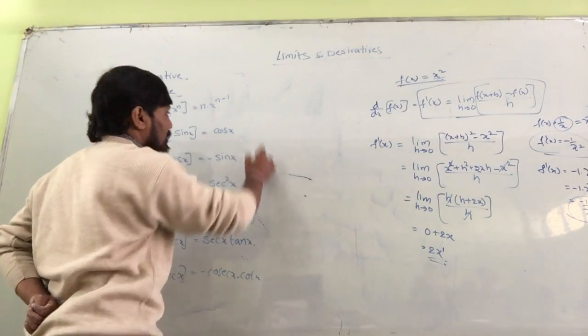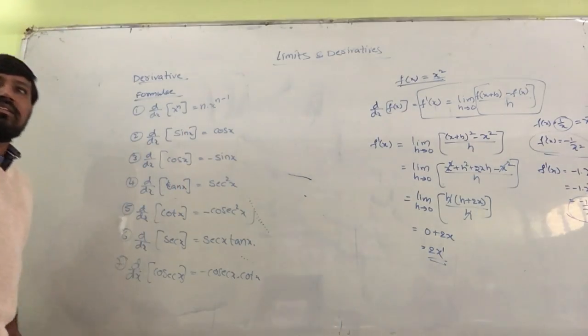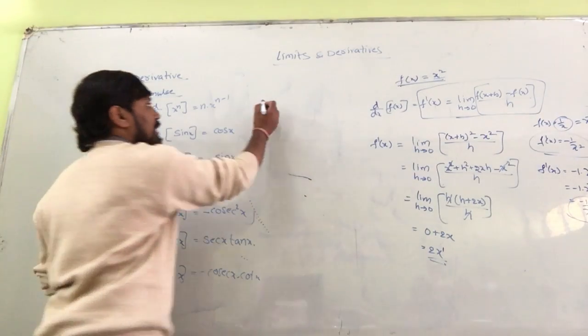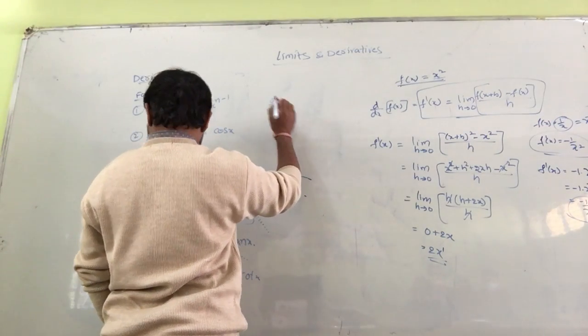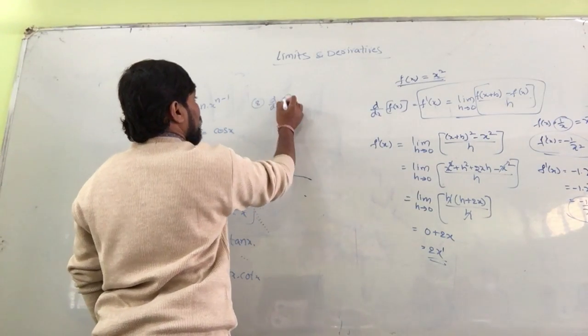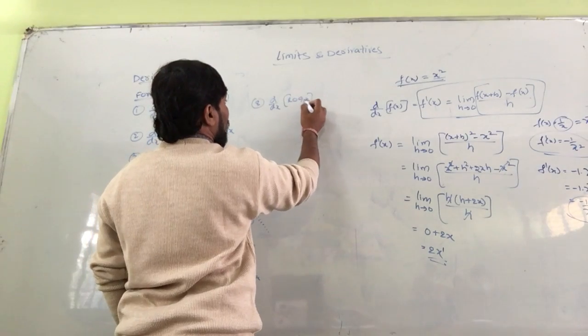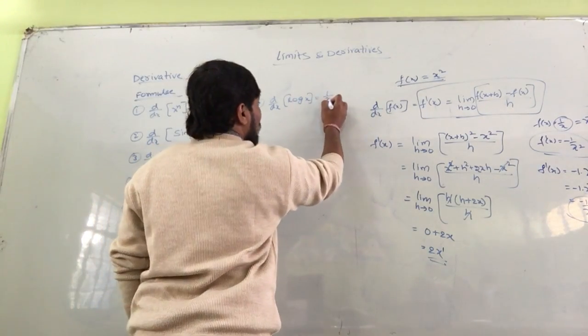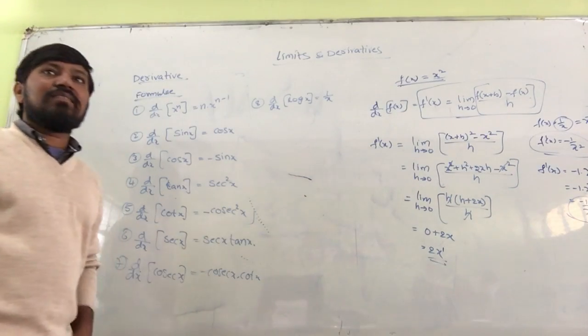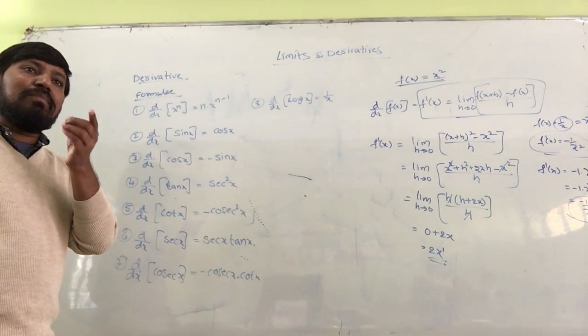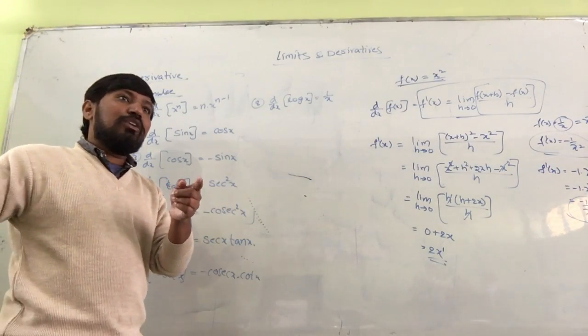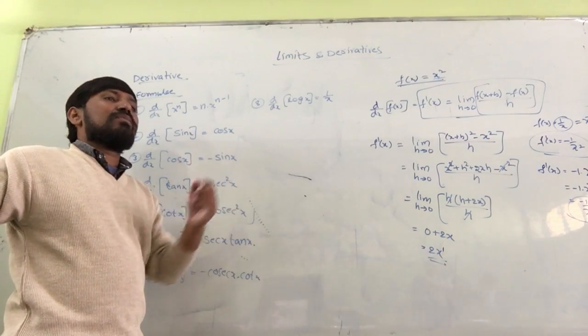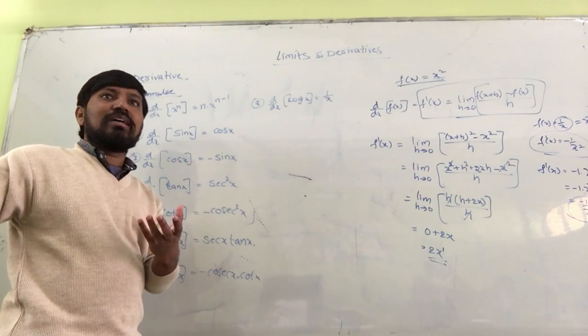And apart from that, the derivative of log x. Do you know? d by dx of logarithm of x is equal to 1 by x. It will be there in your textbook. Some limit results have to be used separately for this.